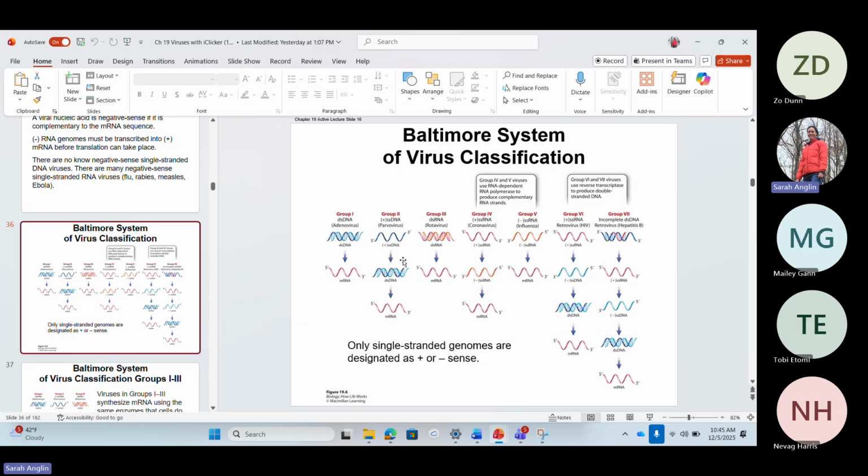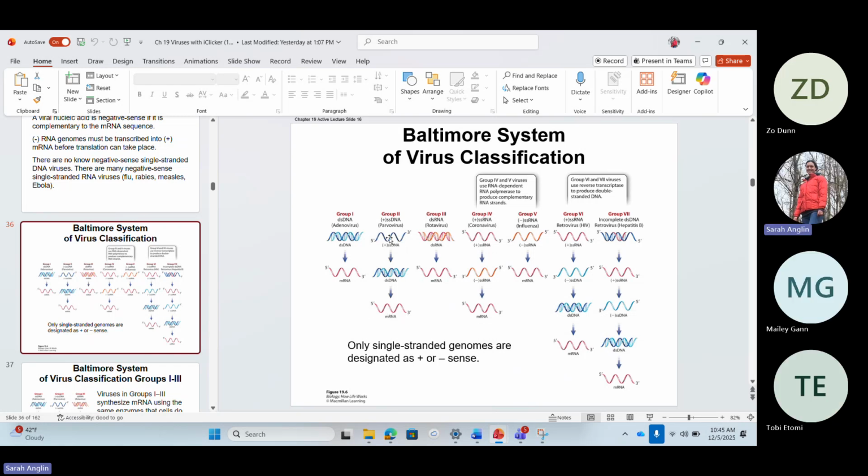If it's the same sequence, then we call it a positive sense genome. Now, keep in mind, this is DNA, this is RNA, so there is going to be a slight difference, because the DNA is going to have thymine and the RNA is going to have uracil. So it's not identical. But if you look at the order of the nucleotides, if this said A, G, down here it's going to say A, G. It's going to be the same sequence, except for that little caveat with the thymine and uracil.